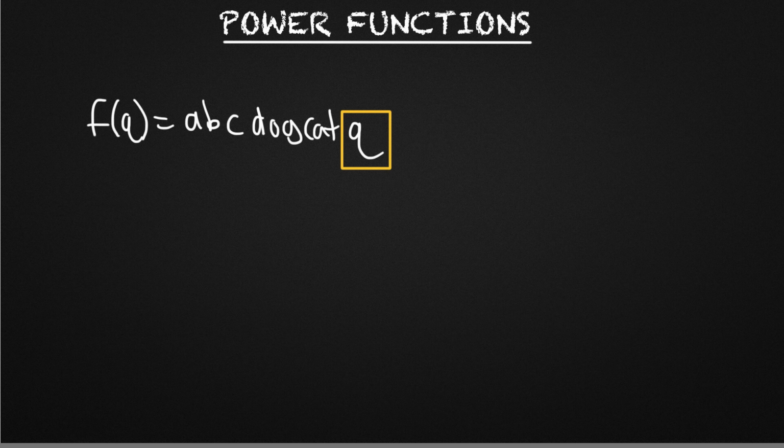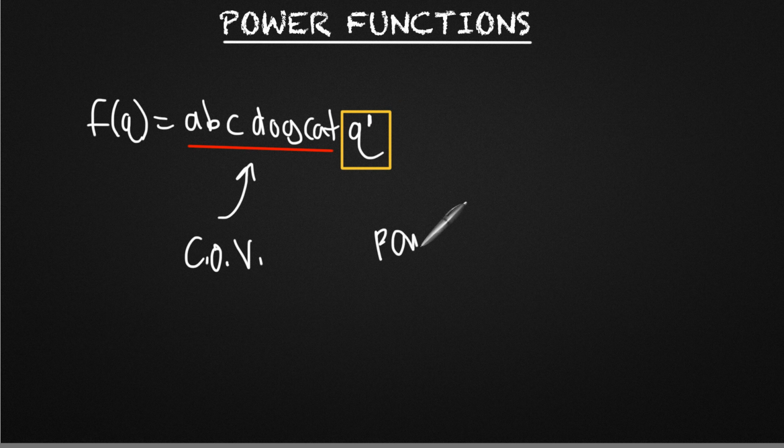All right? Even though there's lots of letters, there's only one variable q. So that means that everything other than q, which is all of that, that's going to be your constant of variation. And the power is going to be q to the first, so the power is simply going to be 1.